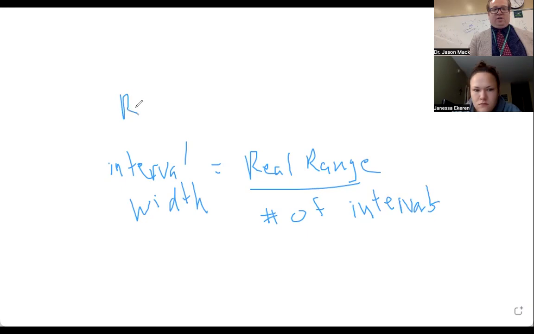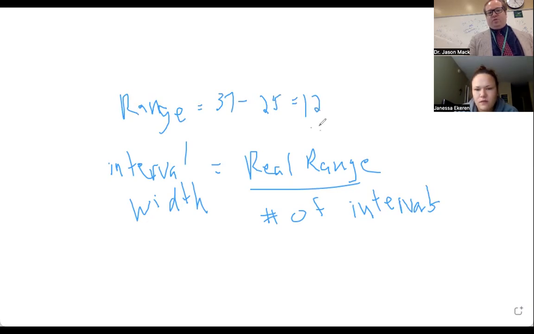The range is the difference in numbers, and the real range is the difference in numbers plus 1. For example, if we said 37 minus 25, that would be 12, right? Then if we want the real range, it is always the range plus 1.